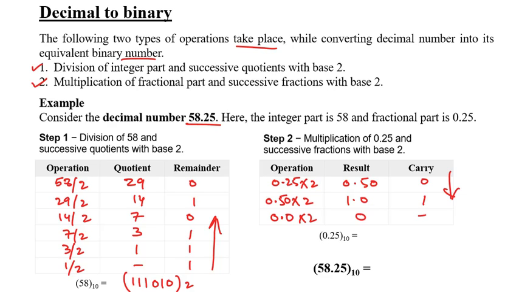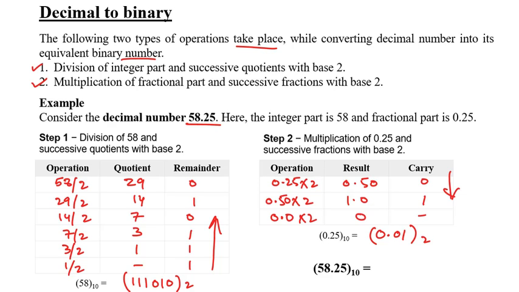Now coming to the second step, the fraction value 0.25 is equal to 0.01 of base 2. This is how we convert the fractional part and the integer part separately.